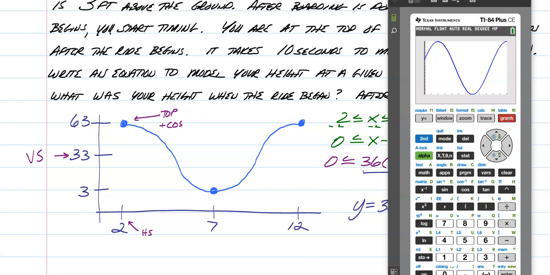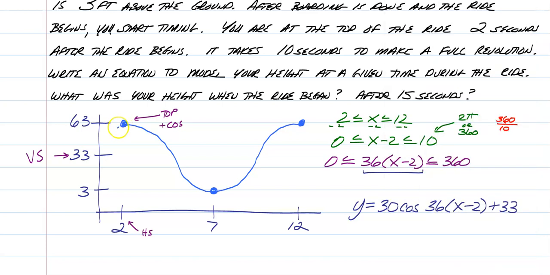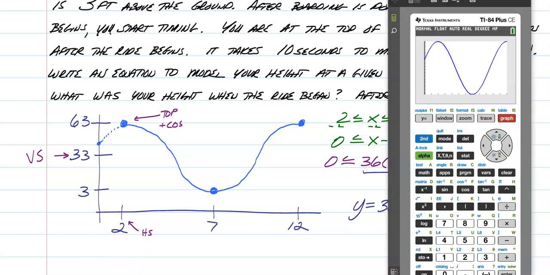So if this matches your picture, minus the fact that I said you should always start at 0 and come backwards a little bit, and the reason for that is so you know where to find your starting height. Because it says, what was your height when the ride began? And after 15 seconds. Well, that's easy to do in multiple ways.